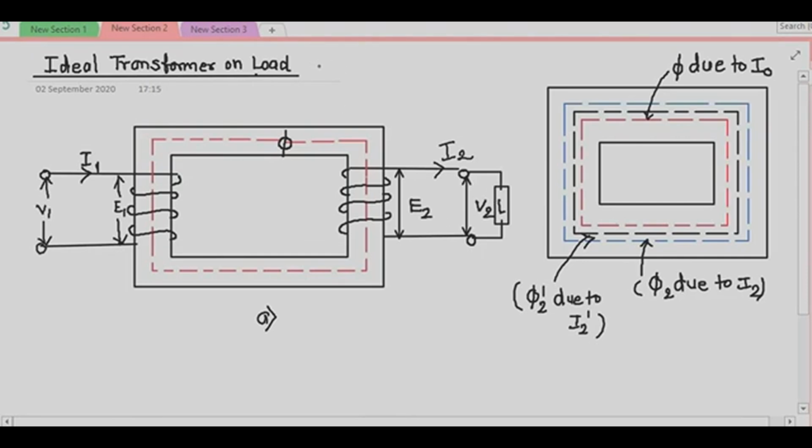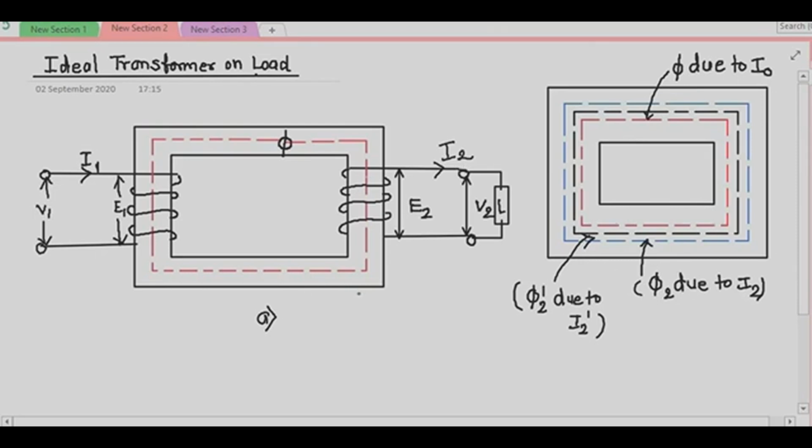That's why this is the ideal transformer on load. When the load is connected across the secondary terminal of the ideal transformer, the current I2 starts flowing through the secondary winding, because your circuit gets closed.